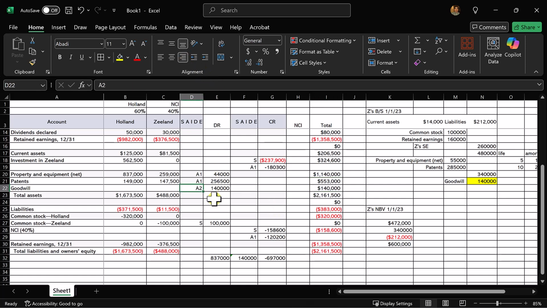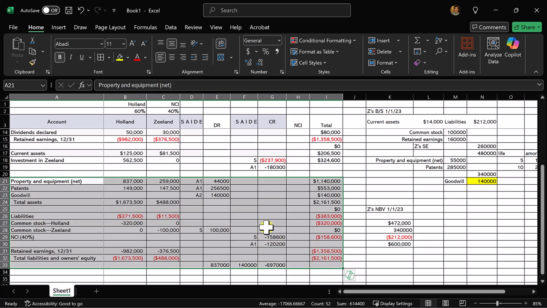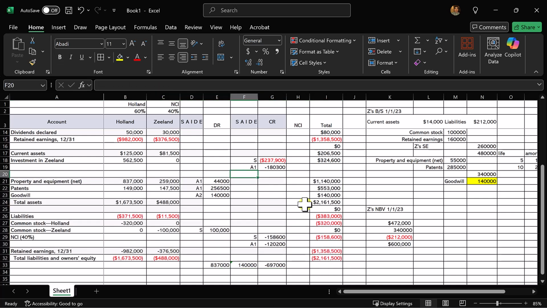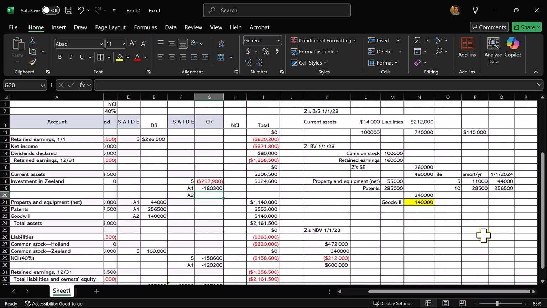Okay, so I got the A2, and now I have to allocate it to the controlling interest. I need another line here, yeah, to offset this asset. A2. And it's going to be, I could just take, well, I cannot just take the percentage, yeah.